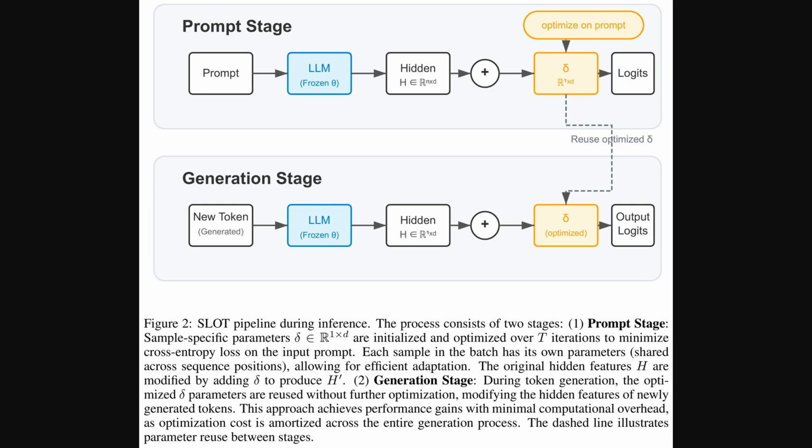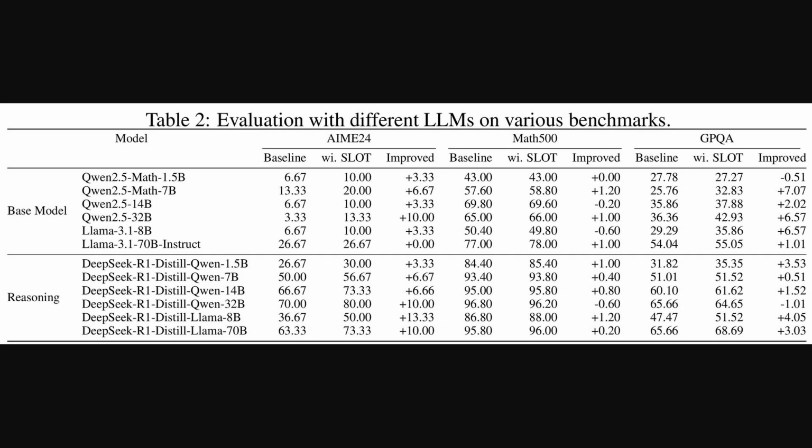This delta is added to the hidden features to nudge the model's final output scores, or logits, in the right direction. And in the second part, the generation stage, that same optimized delta is reused for every new word being generated. This keeps the model on track for the whole response, and since the main model stays frozen, it's all very computationally light.